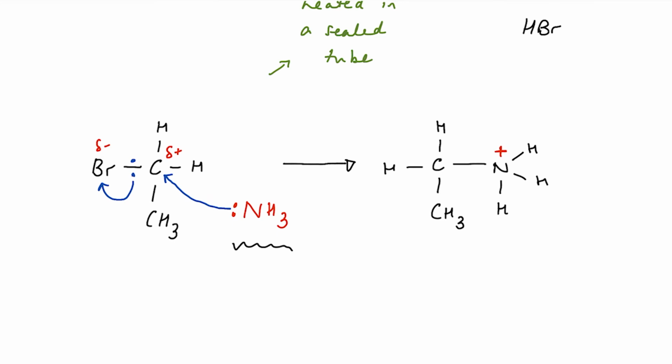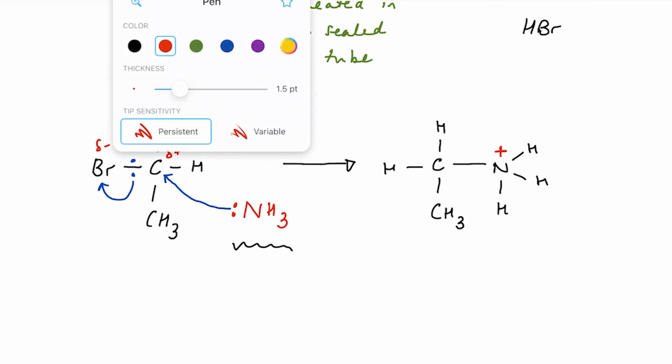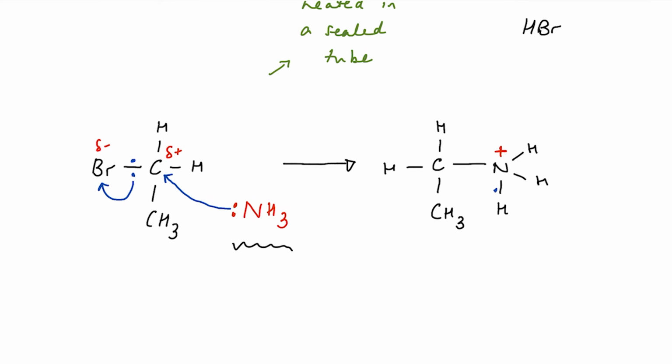So how is it going to do that? Well, it's going to kick out one of the hydrogens and take the bonding electrons back onto itself. So again, very careful with my curly arrow, moving from the bonding pair of electrons onto the actual nitrogen.